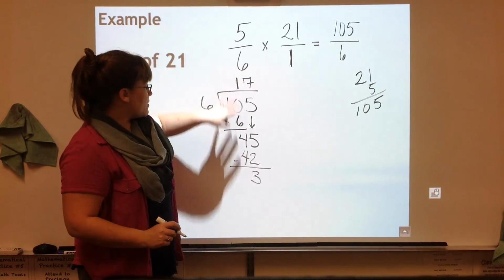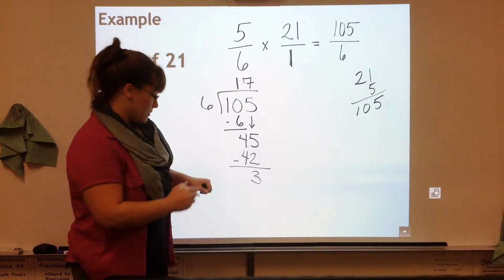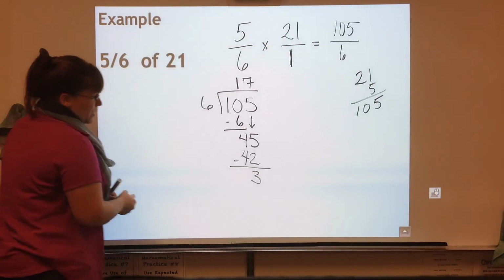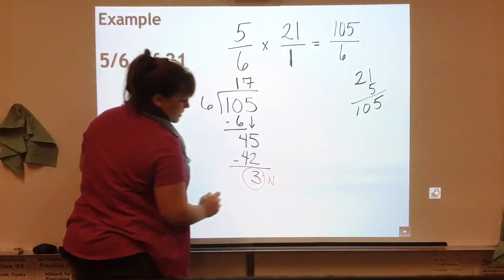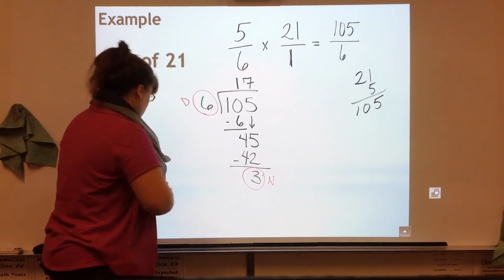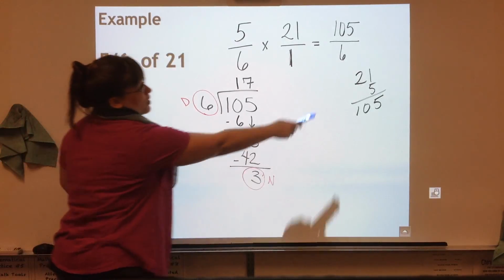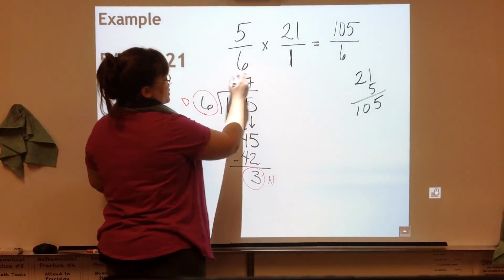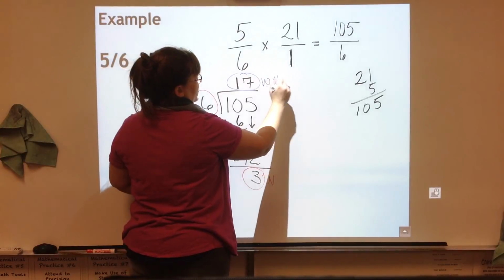So now we're going to write this as a mixed number. Remember, the numerator of the fraction piece is the 3. The denominator is the 6, just like it was up here. And then this 17 is the whole number.